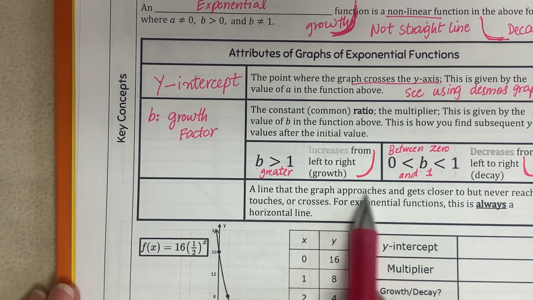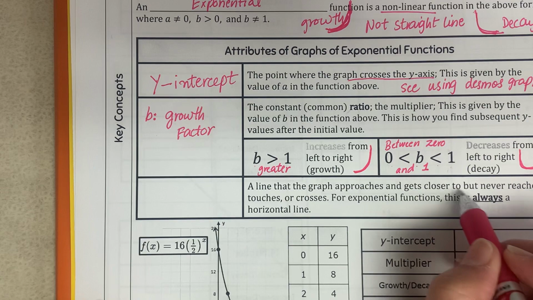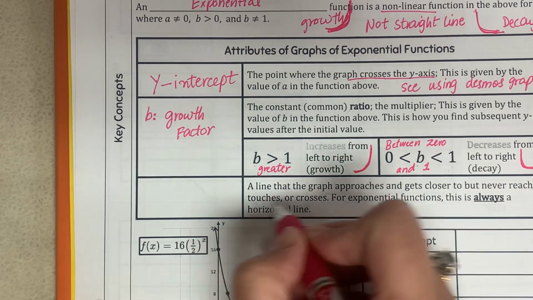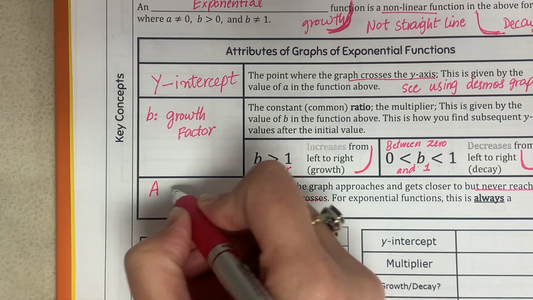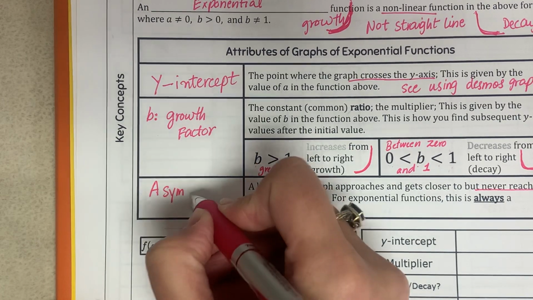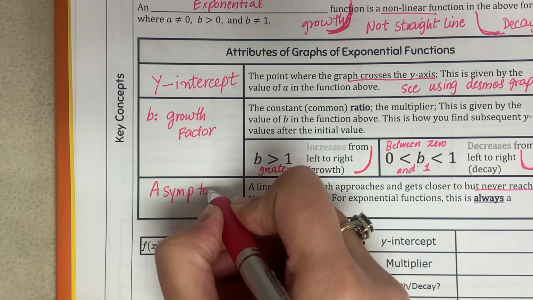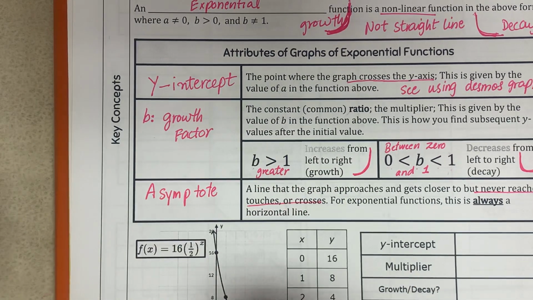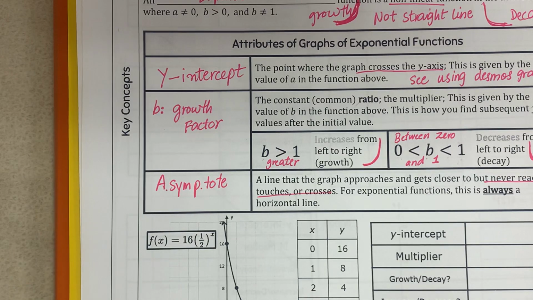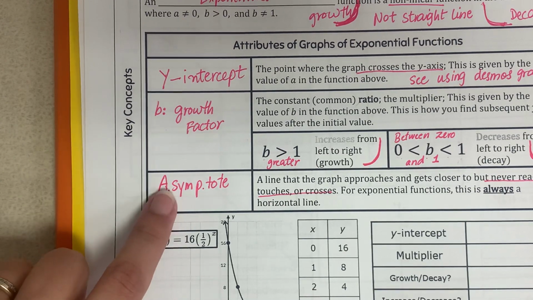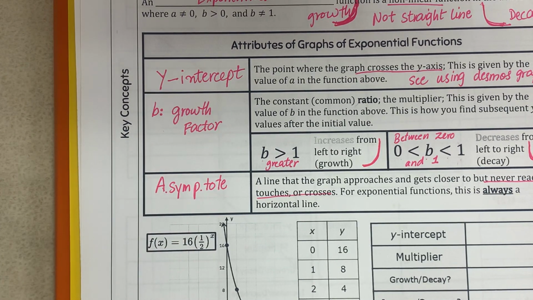The line that the graph approaches and gets closer to but never reaches or touches or crosses, that is the asymptote. I'm writing it separately so you are able to pronounce it. Asymptote. I also sometimes say it as asymptote just because that a sounds like asym.